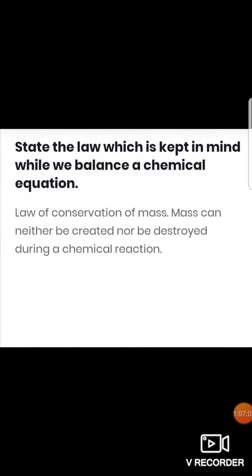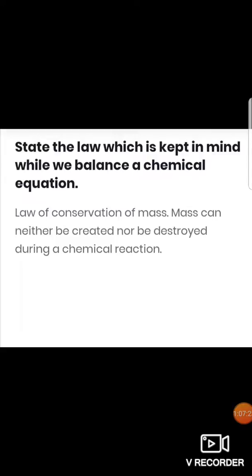State the law which is kept in mind while we balance a chemical equation. Law of conservation of mass. Mass can neither be created nor be destroyed during a chemical reaction.